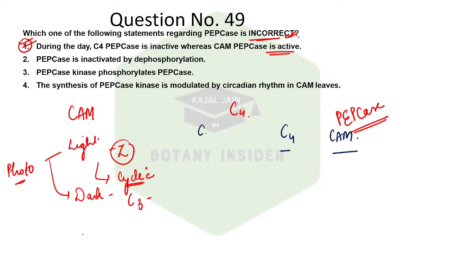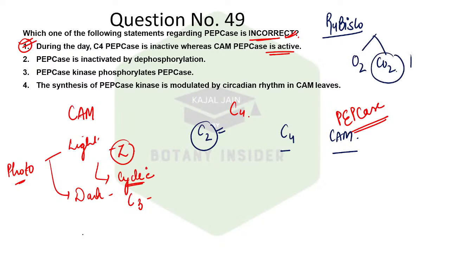Reason being, there's a wasteful process known as the C2 cycle, which is photorespiration. Why does photorespiration occur? Because you have the Rubisco enzyme, which has equal affinity for oxygen and carbon dioxide. If there is a higher concentration of carbon dioxide, Rubisco works as a carboxylase. If it has a higher concentration of oxygen, it works as an oxygenase.